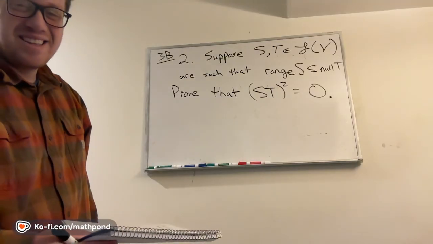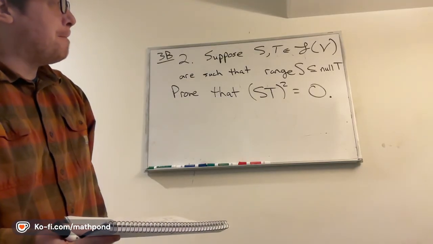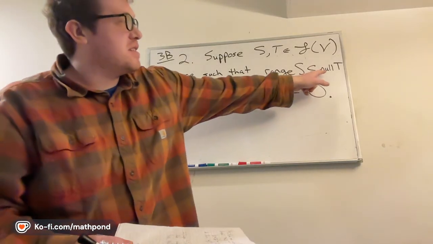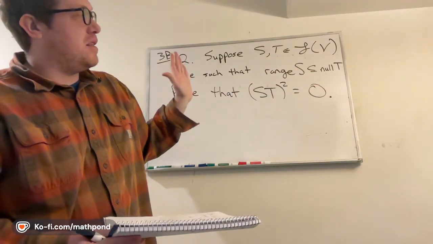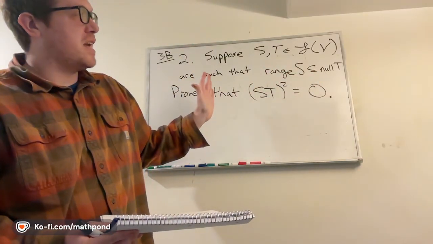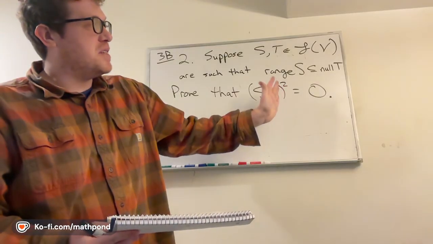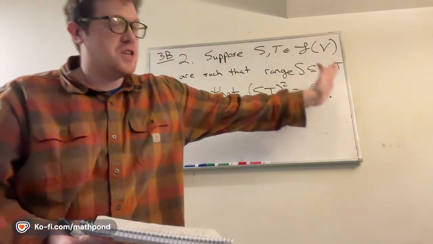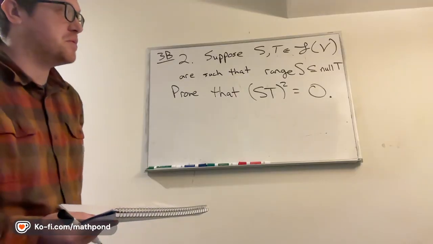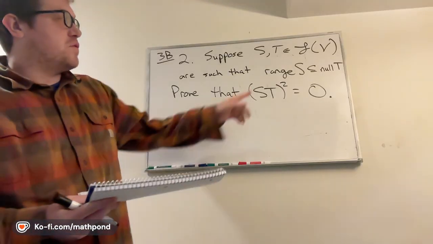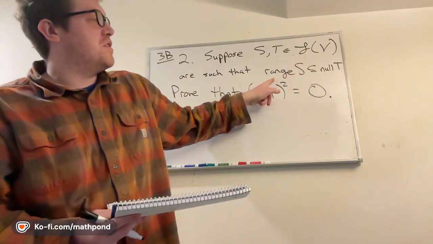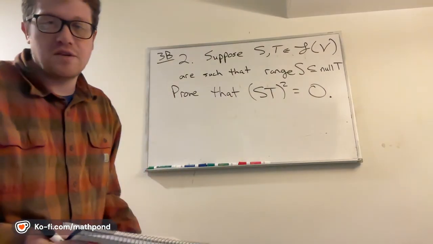So yeah, range of S being inside of null T, that just means if we take any vector in V, we send it through the function S, and then we send that image through the function T, then it gets sent to 0. So that's what this is, just reinterpreting the definitions of range and null space.